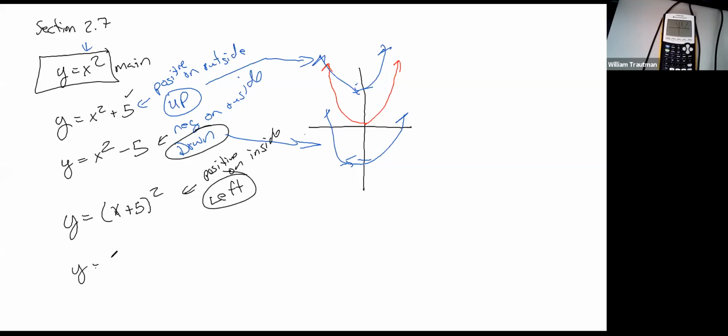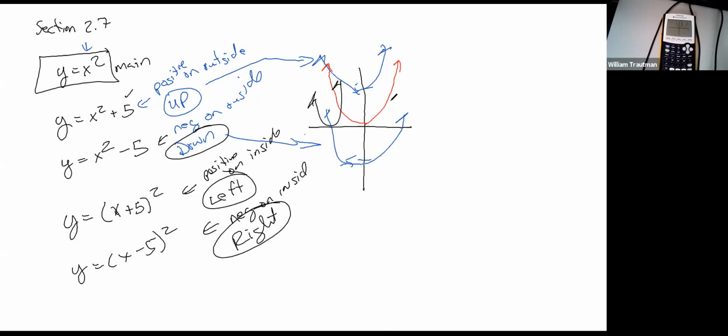If I have y equals x minus 5 and then square it, a negative on the inside moves the graph to the right. It's kind of opposite of what you would normally think.